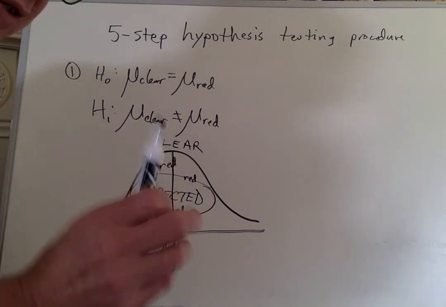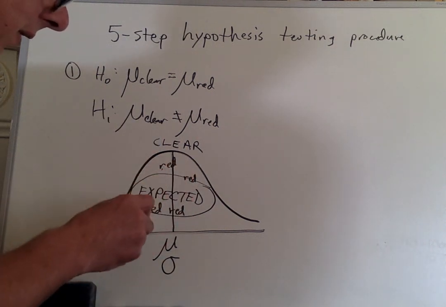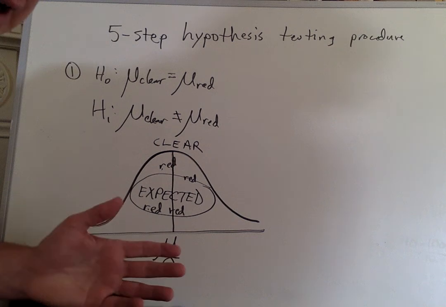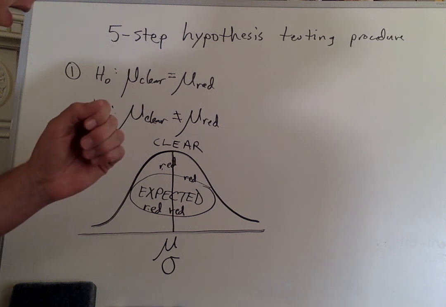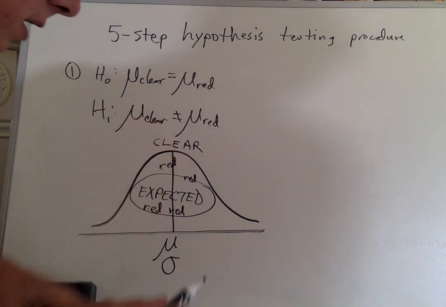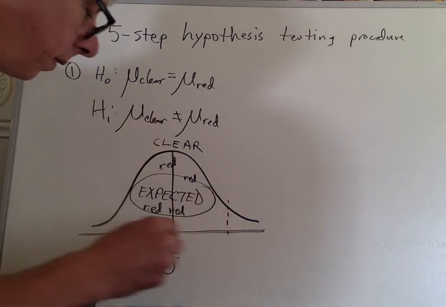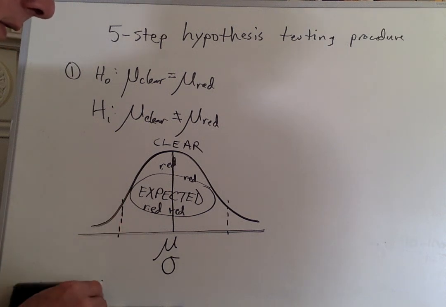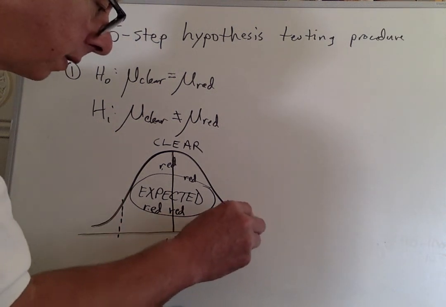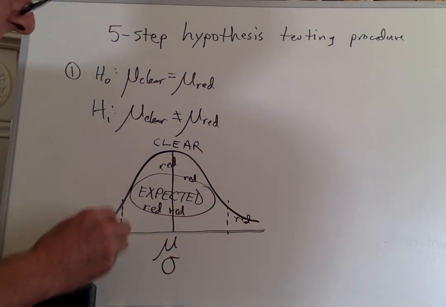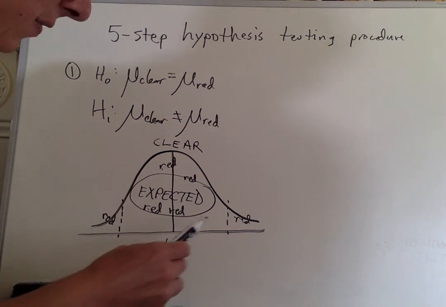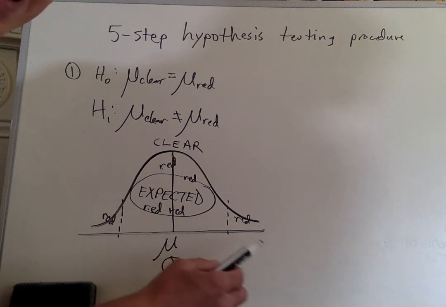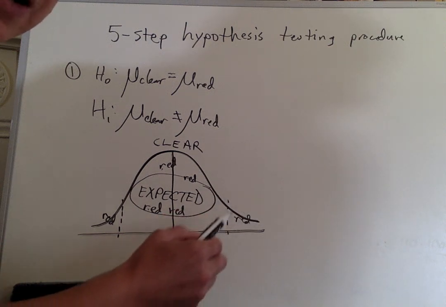If when I do the red food coloring, they look like this, well, then they don't look different from the mean of the clear. Okay? But if our red group is out here, or our red group is here, then we can say, wow, that's very unexpected, that's atypical, that's weird, that's bizarre, that's abnormal.